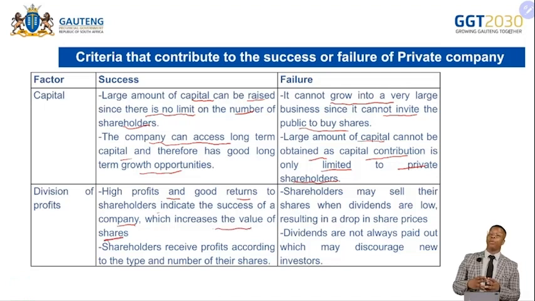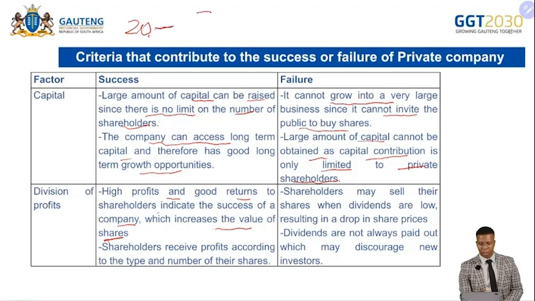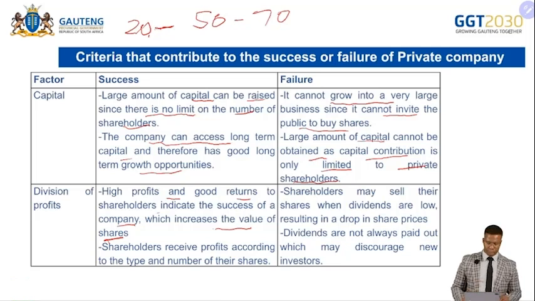So as the company makes more profit, the value of their shares would improve. If the shareholders bought their share at 20 rand, and if the company now continues to make more profit, the price of each share can improve to 50 or to 70 rand, depending on the company performance.